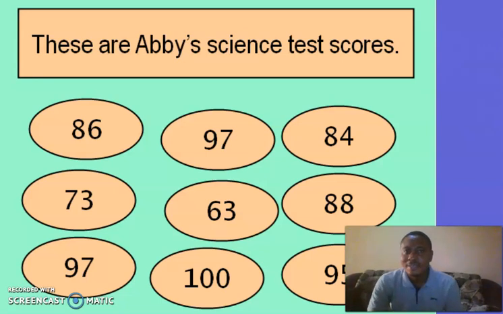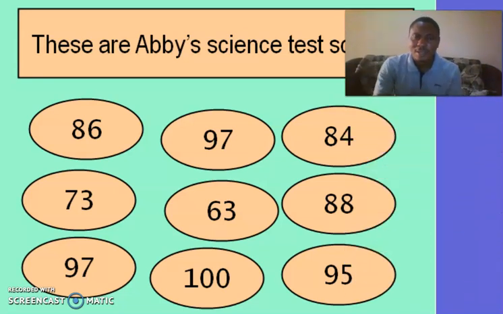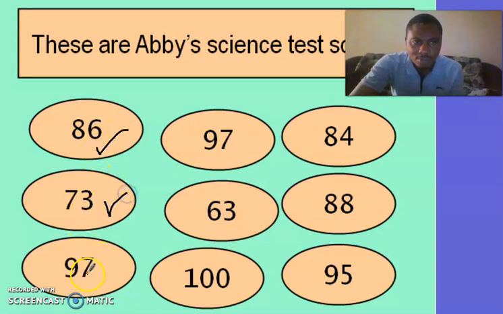Now, these are Abby's science test scores. Abby's parents are looking at his test scores. And how many subjects can we see here? 1, 2, 3, 4, 5, 6, 7, 8, 9.